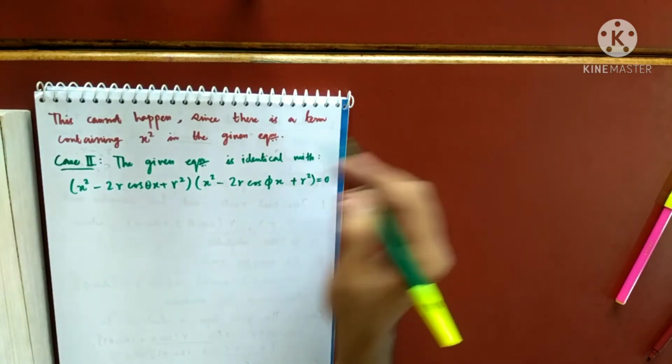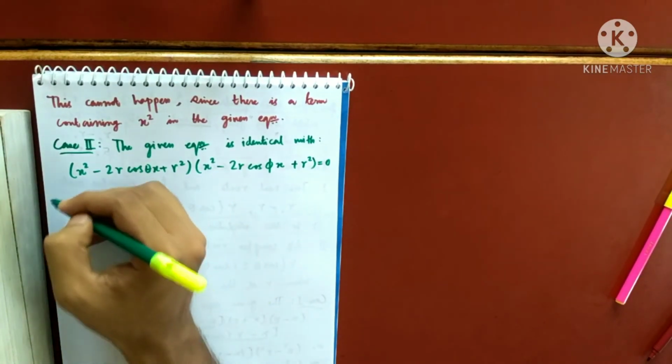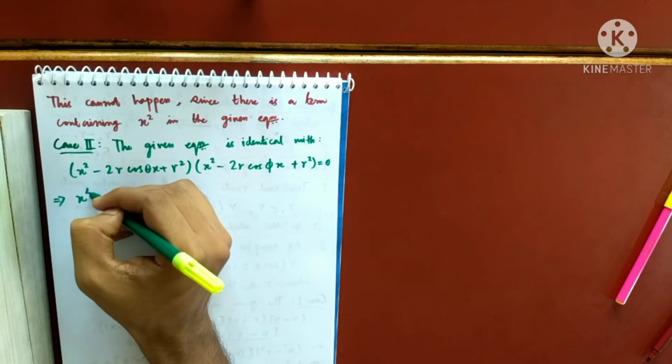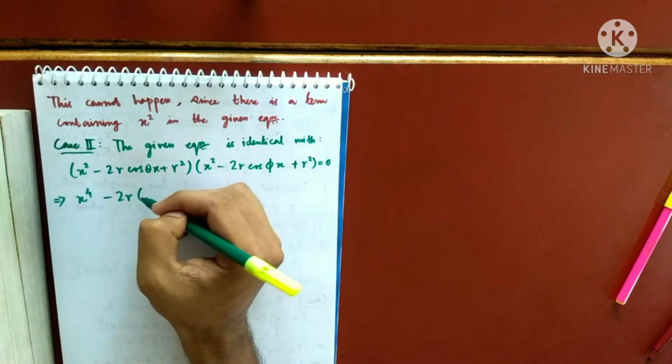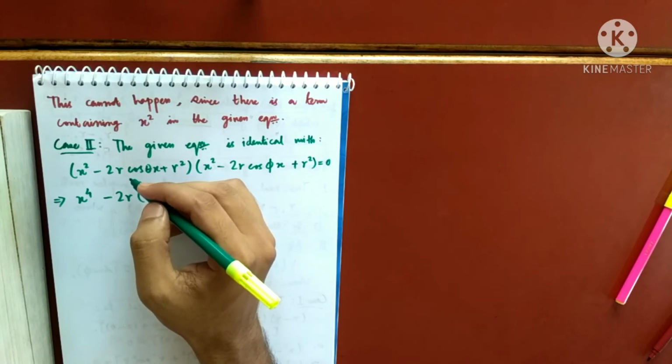Your task is to multiply. After multiplying you will get something like this: x to the power 4 minus 2r, you arrange all the powers in the descending order.